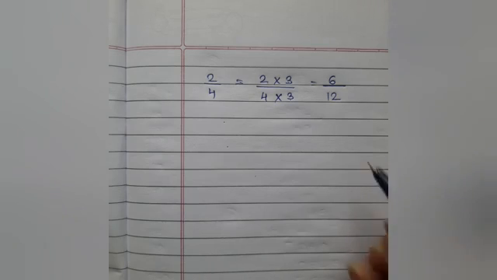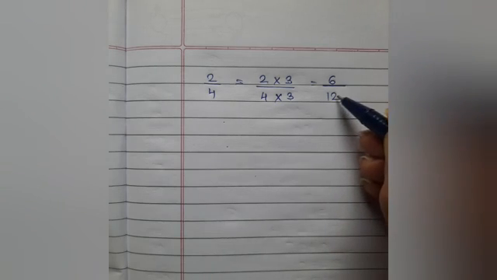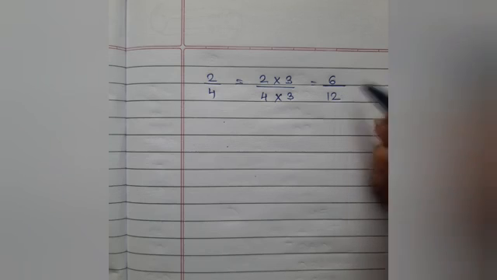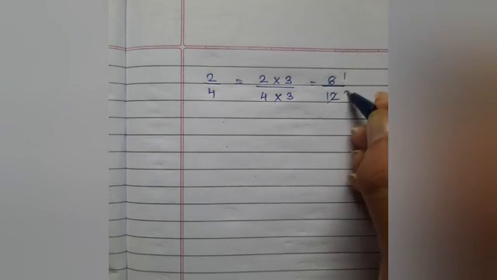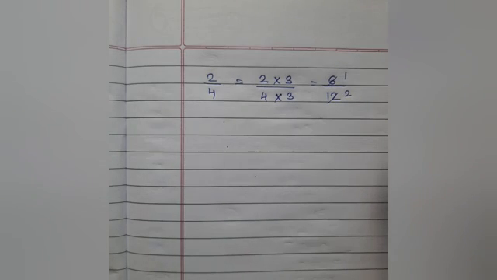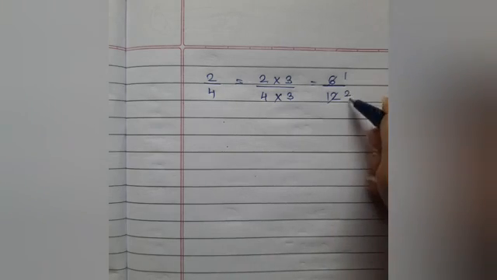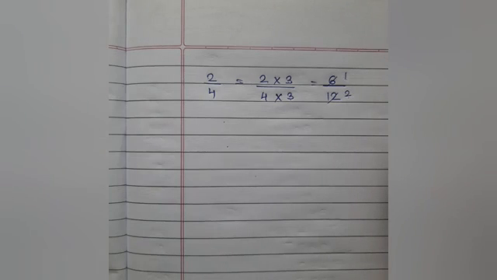Now, this fraction can be divided further, as in 6 ones are 6, 6 twos are 12. We got the value 1 upon 2.